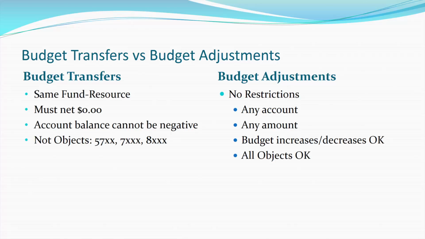The Budget Transfer panel and Budget Adjustment panel are identical in look and function, with the exception of account restrictions previously mentioned. In this video, we will demonstrate how to create a budget transfer. As we walk through the process, we will point out any major differences between the Budget Transfer and Budget Adjustment panels.